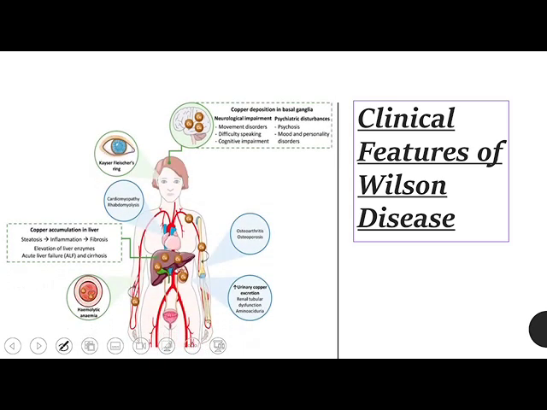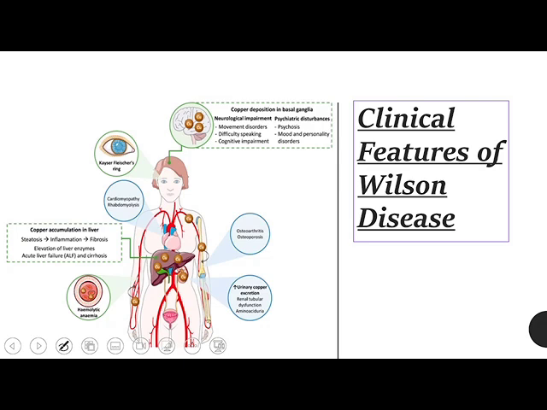Here we can see after the hepatic injury, the spilling over of the copper leads to the accumulation of the copper into the various extrahepatic tissues, and this accumulation leads to the toxicity of those tissues.